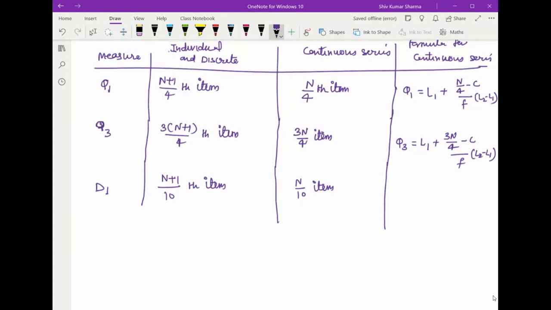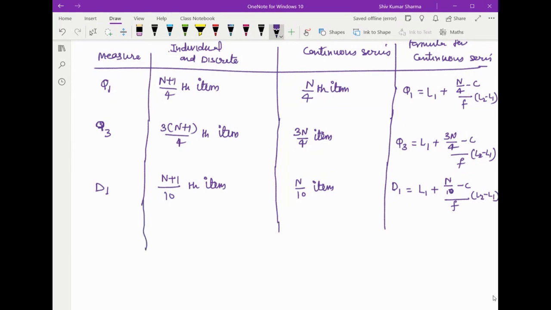And for calculating decile 1 for a continuous series, we write L1 plus (n upon 10 minus c) over f into (L2 minus L1). So this is for decile 1.